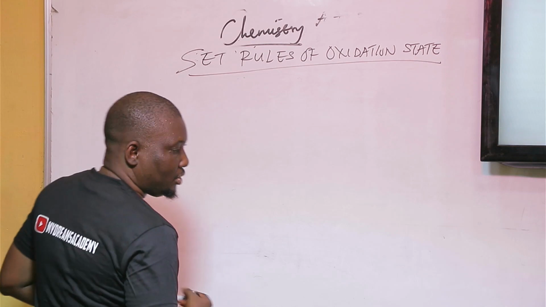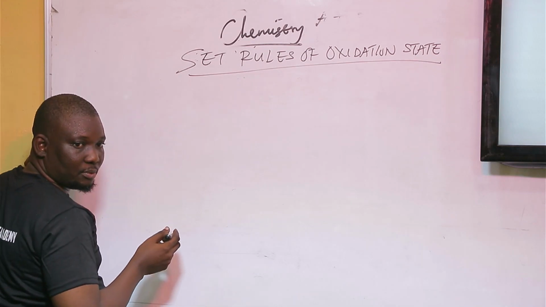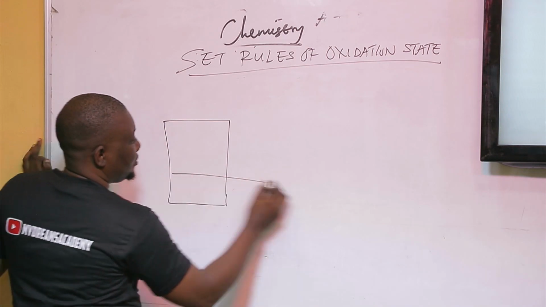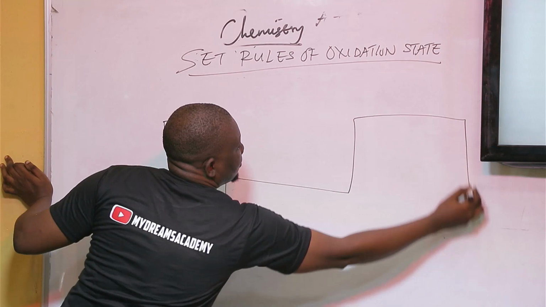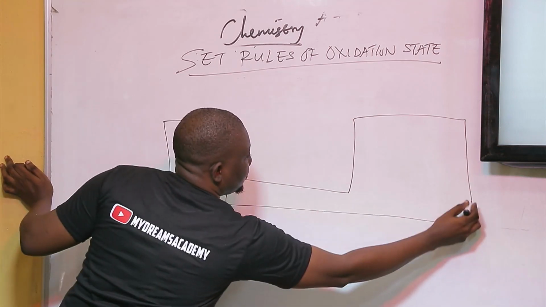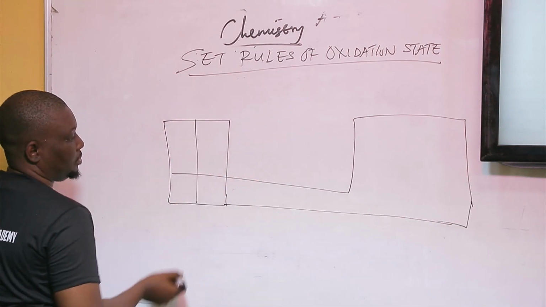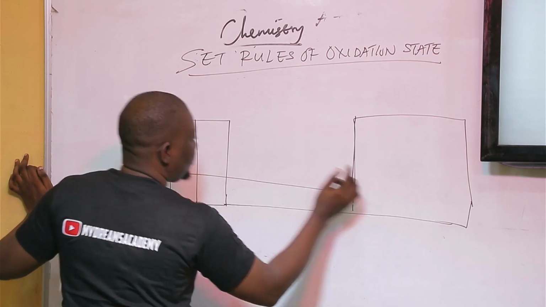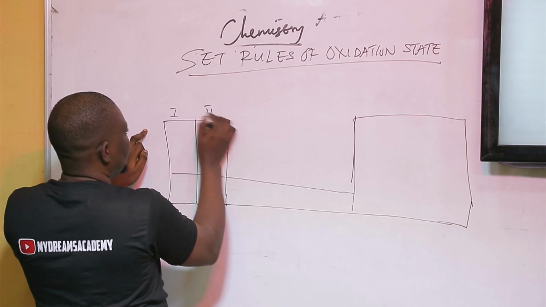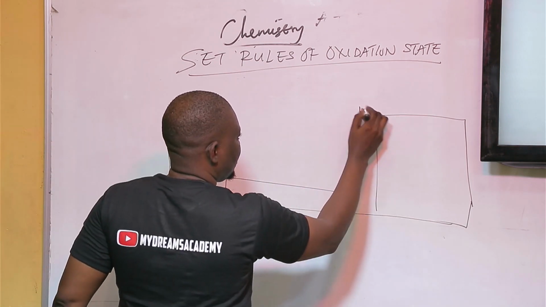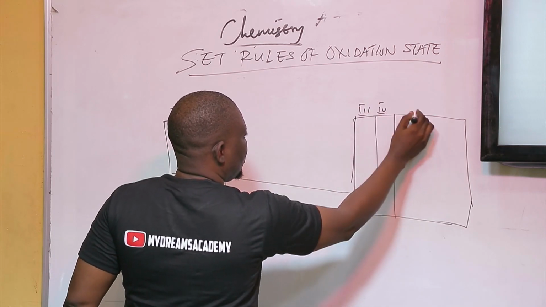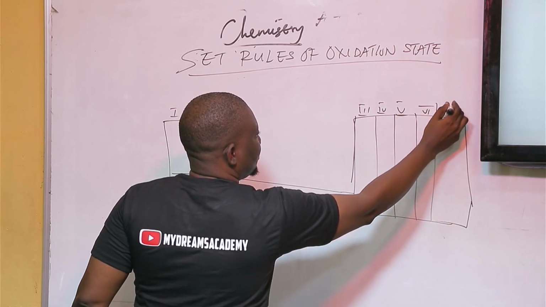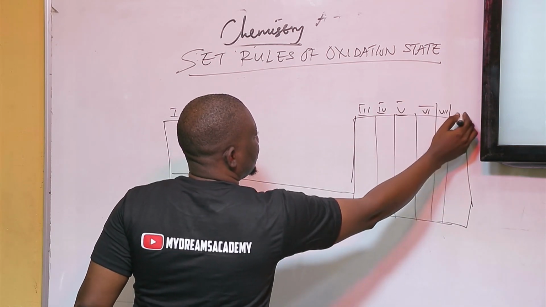I'll give you an example. You know your periodic table, the block table. That is group 1, group 2, group 3, group 4, 5, 6, 7, and then 8.